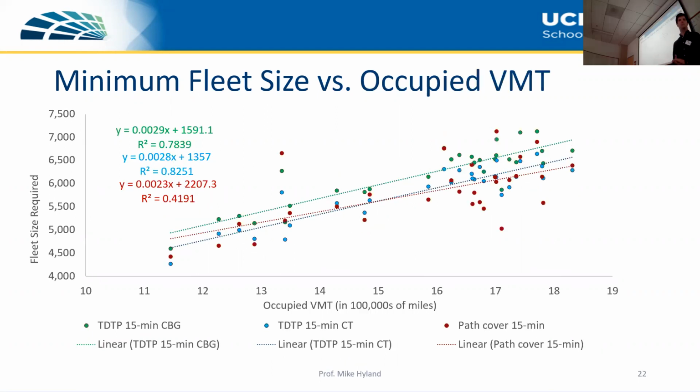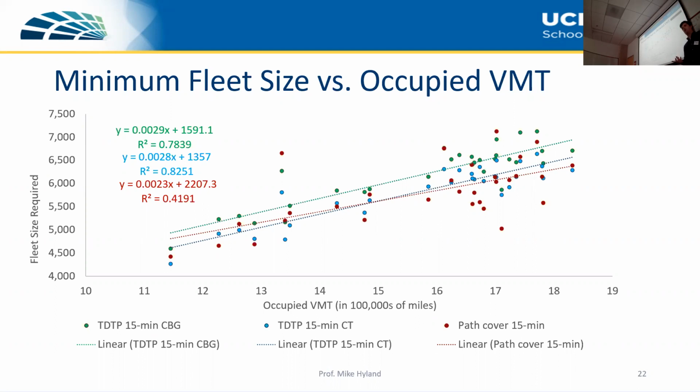A slightly better measure of the demand to make the connection with the fleet size is the total occupied VMT, or the passenger miles traveled in this system. So that's our x-axis, and the y-axis is the minimum fleet size. You can see that the connection is actually reasonably strong for our approach with 15 minutes census tracts. The connection is a little bit lower with our approach with census block groups.